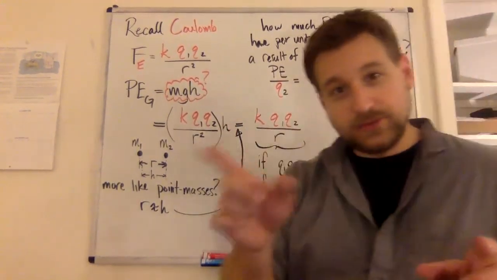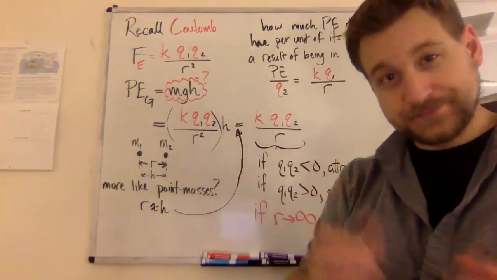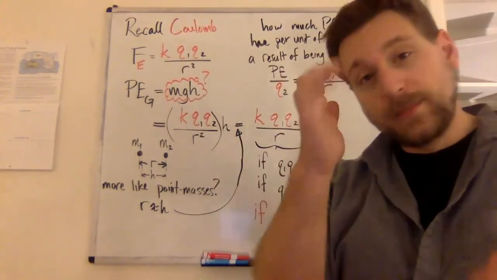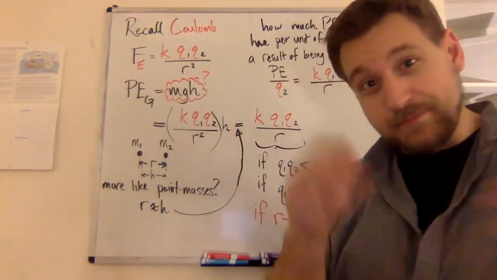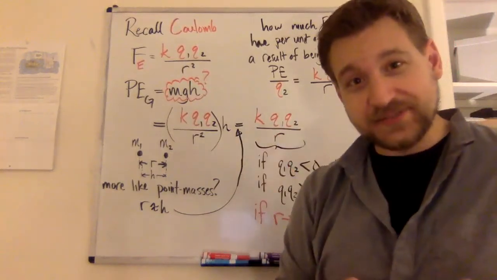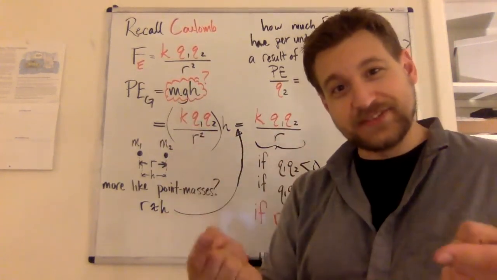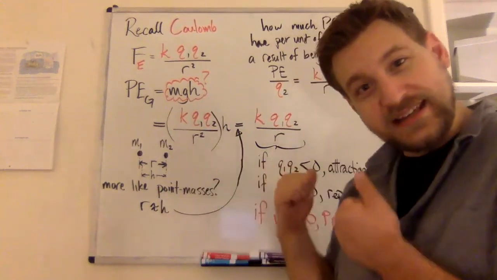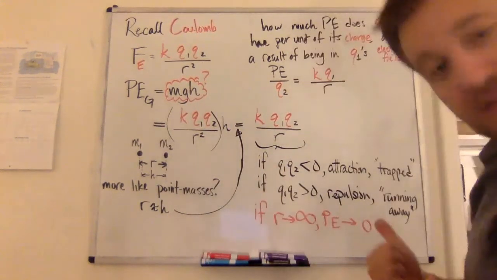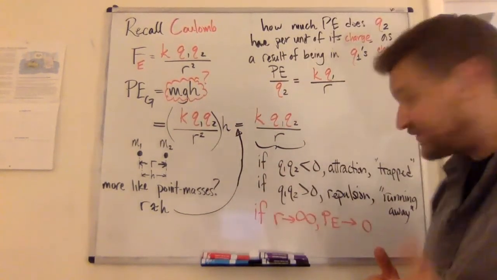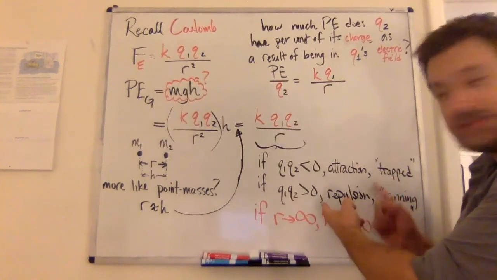Now, this was when we put in the minus sign for gravity. But the trick with gravity is that mass was always positive, and we needed a way to talk about the attraction that one mass feels for another. Here, the attraction or repulsion is built in.